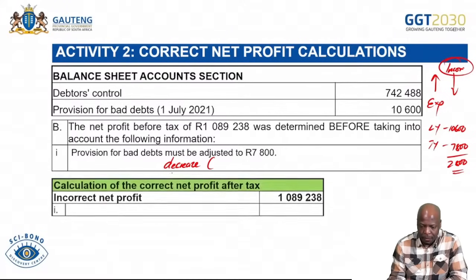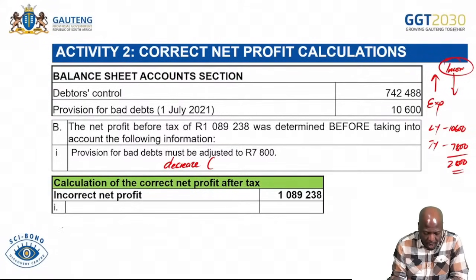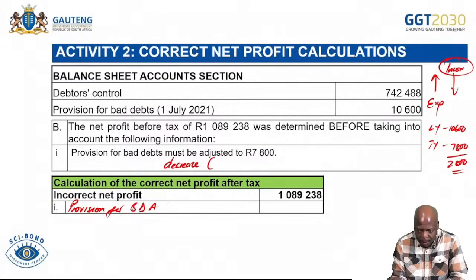So let's come here. When we come here, we're now going to say our provision for bad debts adjustment. Okay, so here is the provision. Let me write in full: provision for bad debts adjustment.